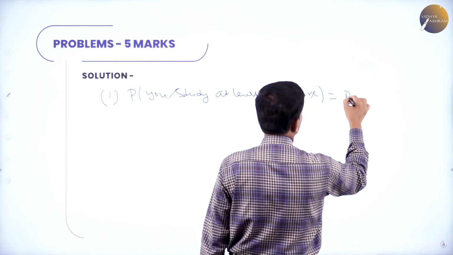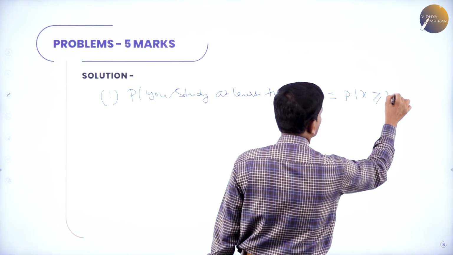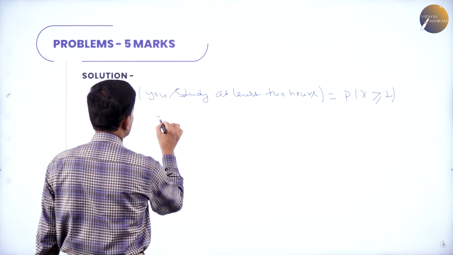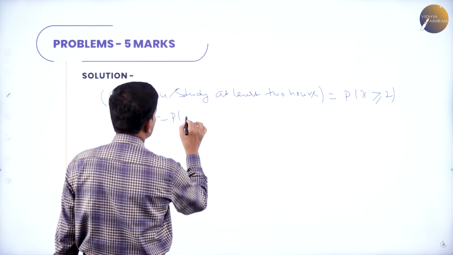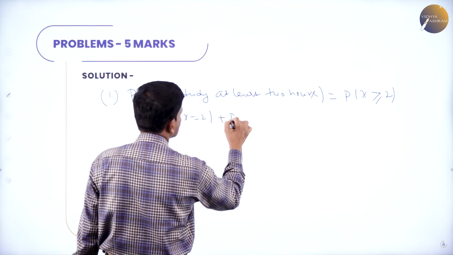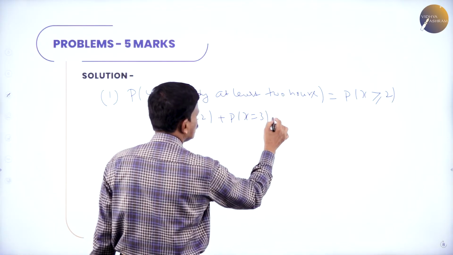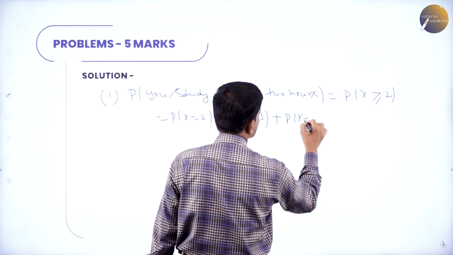means that is nothing but probability of x greater than or equal to 2. That is equal to probability of x is equal to 2 plus probability of x is equal to 3 plus probability of x is equal to 4.